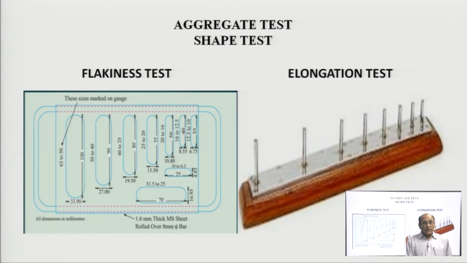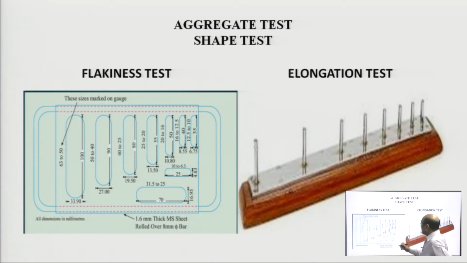So, the flakiness index is the percentage by weight of the aggregate whose least dimension is 3 by 5, or 0.6, of the mean dimension of the aggregate.